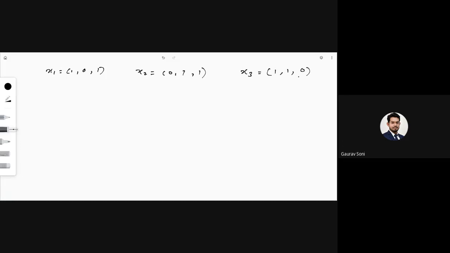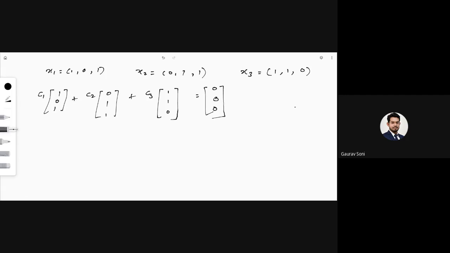I want to check whether the vectors are linearly dependent or independent. So what is our procedure? I'll take C1 times the first vector 1 0 1, plus C2 times the second vector 0 1 1, plus C3 times the third vector 1 1 0, equal to 0 0 0. As I said, 0 is a vector.